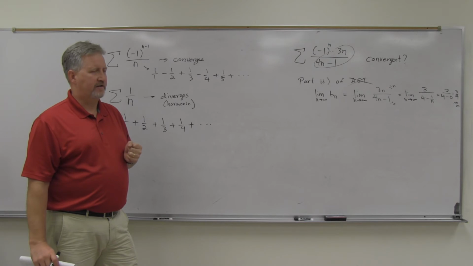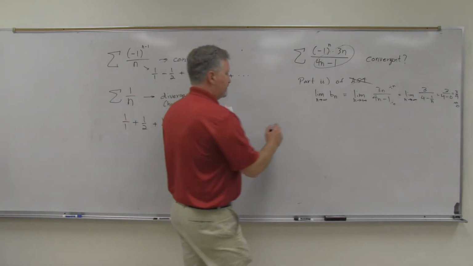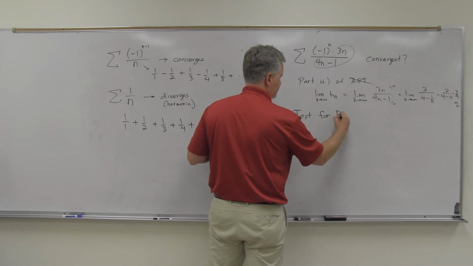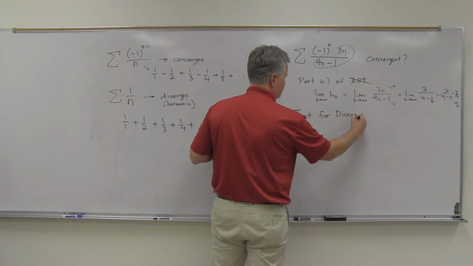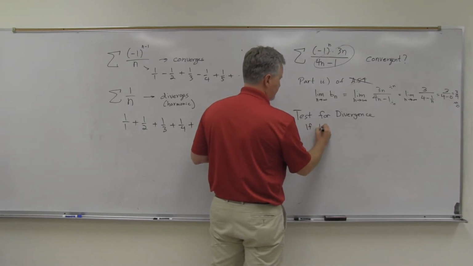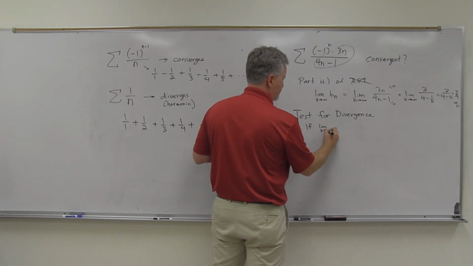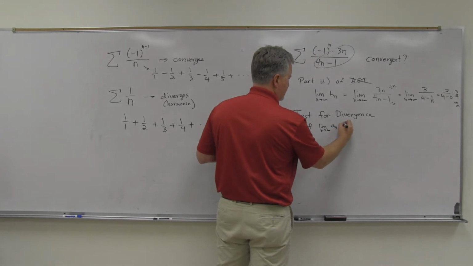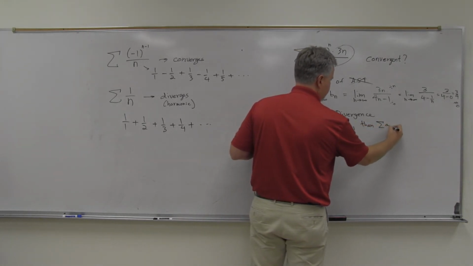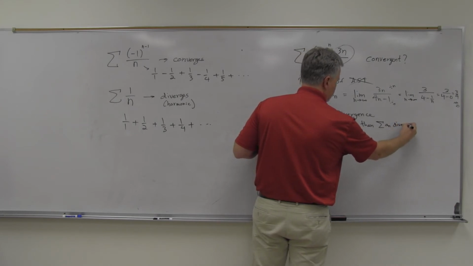We haven't talked about it in a while, I guess, but remember the old test for divergence? If the limit as n goes to infinity of the a sub n does not equal 0, then the series of the a sub n diverges.